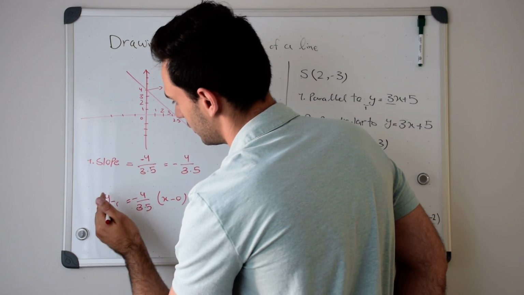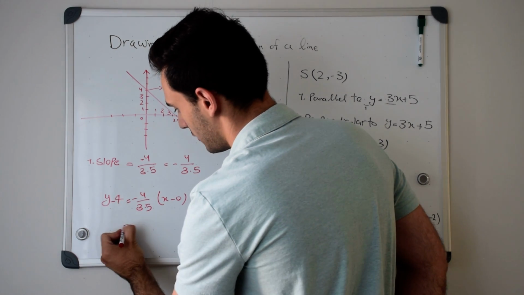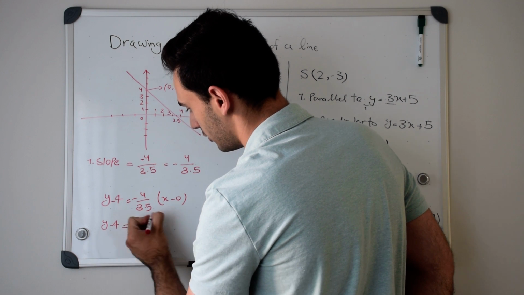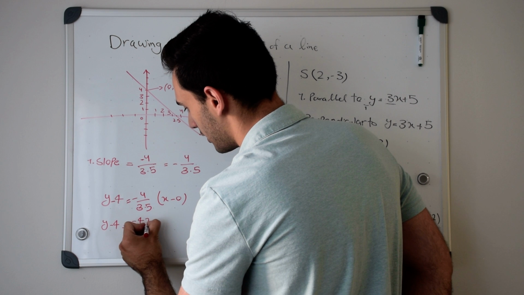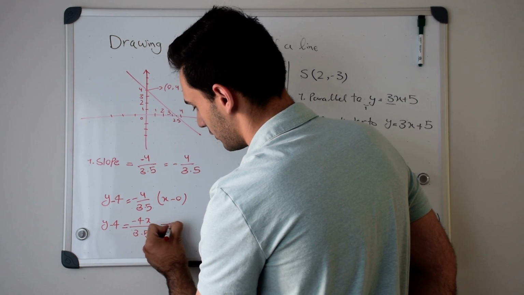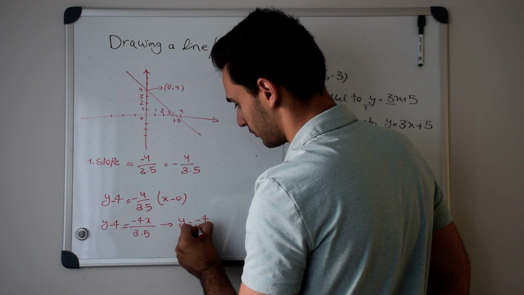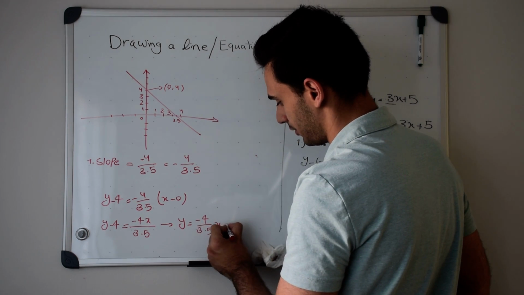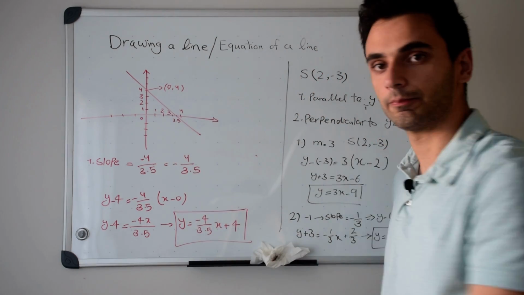So here I have y minus 4 equals minus 4x over 3.5. Then y will be equal to minus 4 over 3.5 x plus 4. That's the equation of the line.